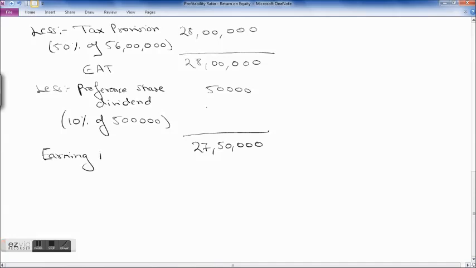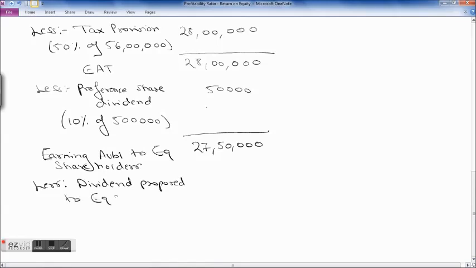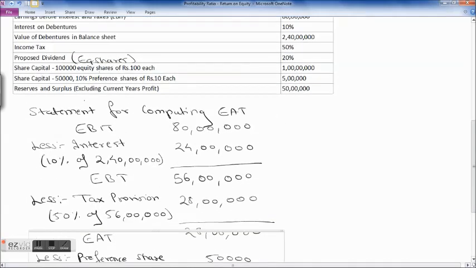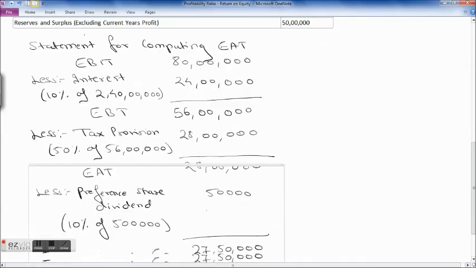That is earnings available to equity shareholders. Now we'll reduce dividend proposed to equity shareholders. Okay, now what is the proposed dividend to equity shareholders? Proposed dividend is 20%, and how much is equity share capital? 1 crore.